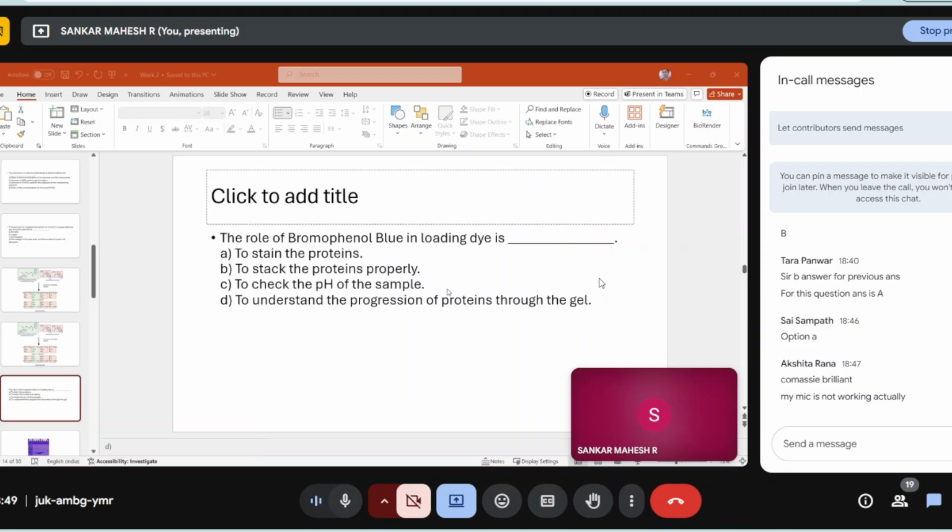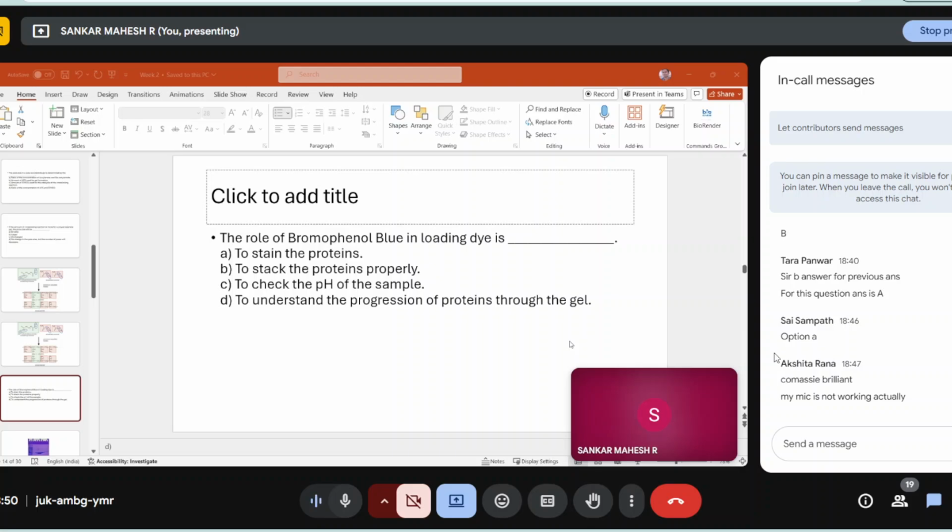And option A, to stain the proteins. If we are going to allow our protein to run throughout the gel, then we would ideally see a gel full of blue color. But that is not how we see it. We stain the protein using something called Coomassie brilliant blue.